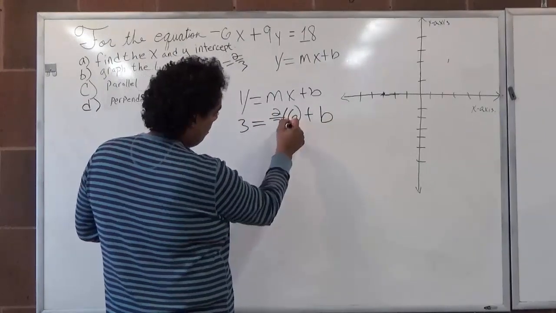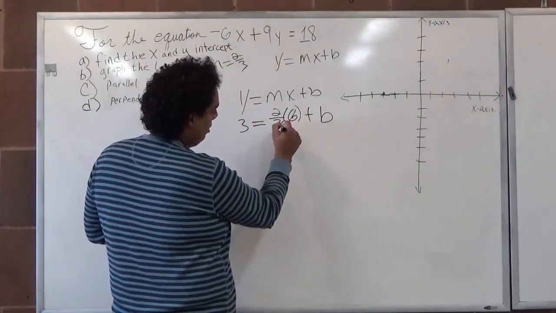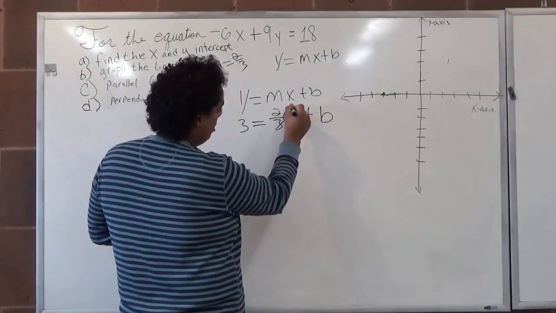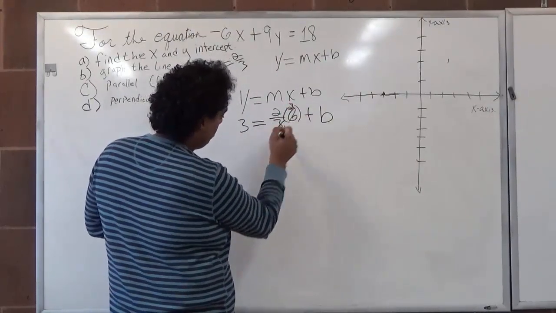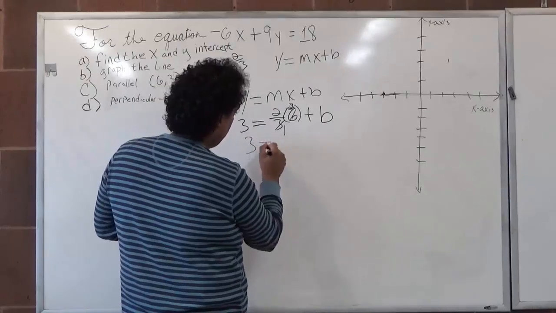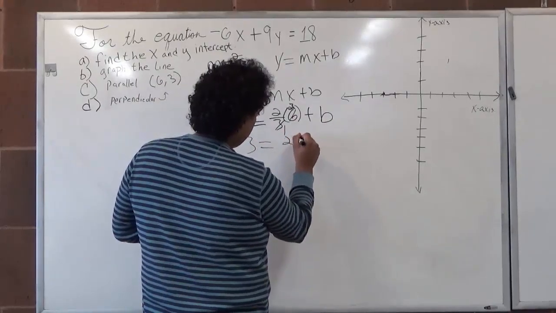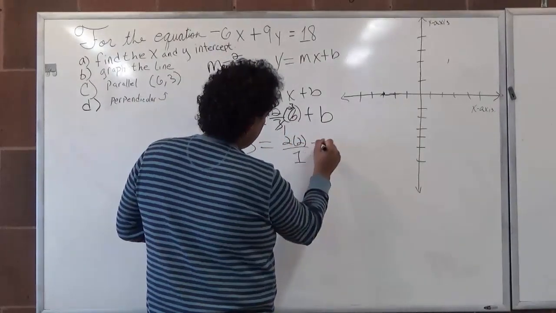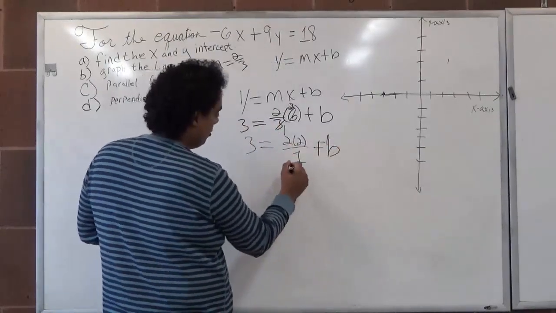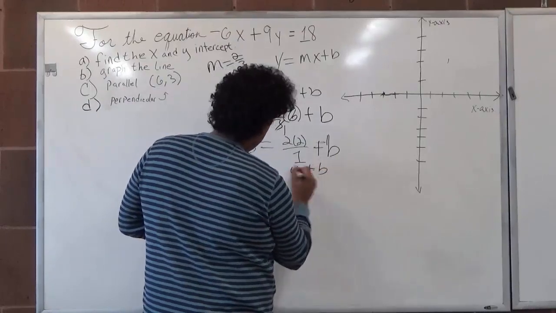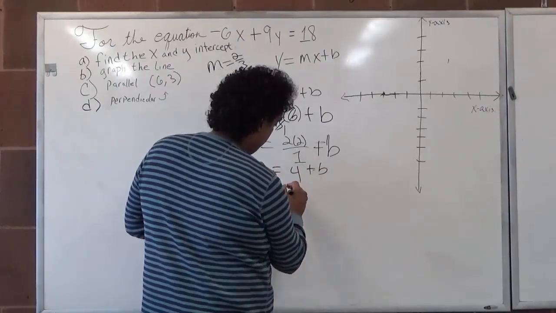Now we can multiply here, but we have a common factor of 3. So this is 1, and this is 2, and 2 times 2 is 4. So 3 is equal to 4 plus b.